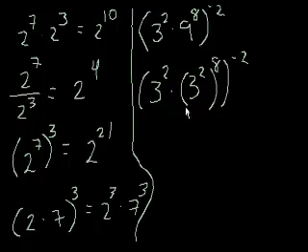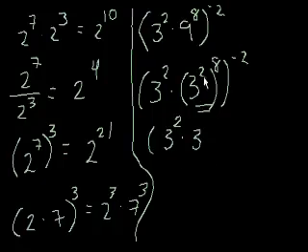All I did is replace 9 with 3 squared because we know 3 times 3 is 9. Well, now we can use the multiplication rule on this to simplify it. So this is equal to 3 squared times 3 to the 2 times 8, which is 16, and all of that to the negative 2.